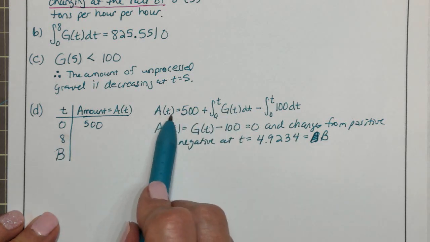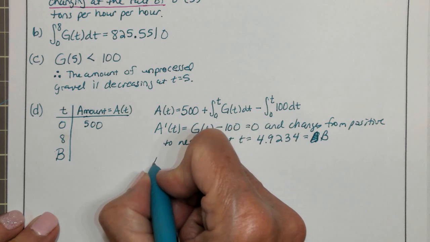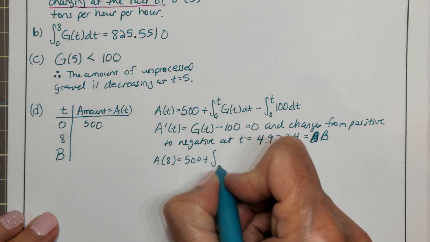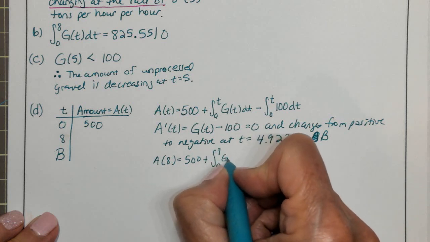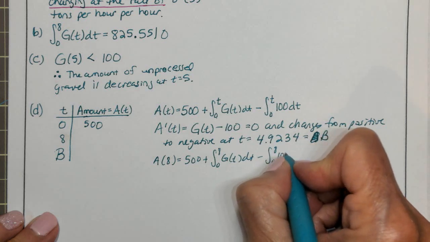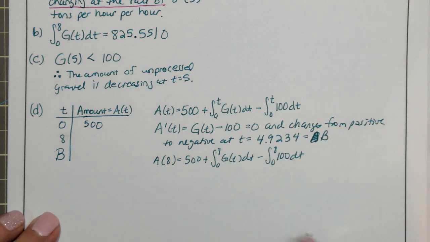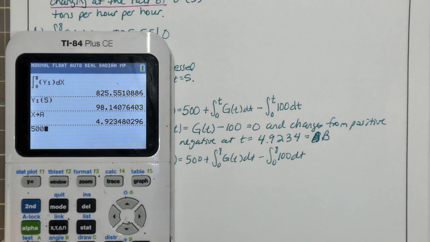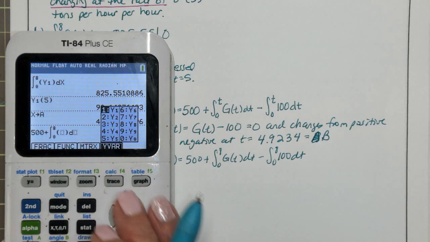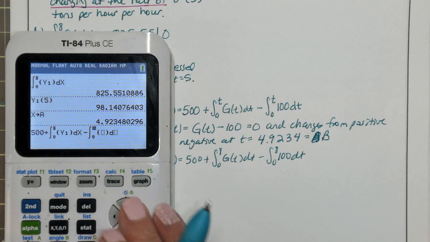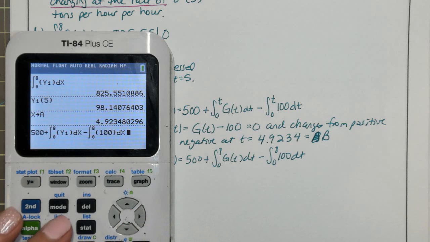Well, for the amount at time 8, it's 500 plus the integral 0 to 8 of g of t minus the integral 0 to 8 of 100 dt. (500) plus 0 to 8 of y1 minus 0 to 8 of 100, which is 800.